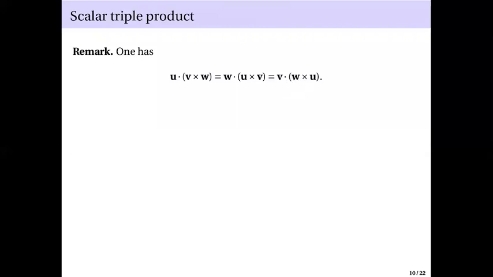So how can we remember this easily? You have your u, v, w. You move counterclockwise, or clockwise, sorry. You move clockwise. So look at this. U dot v cross w. V dot w cross u.